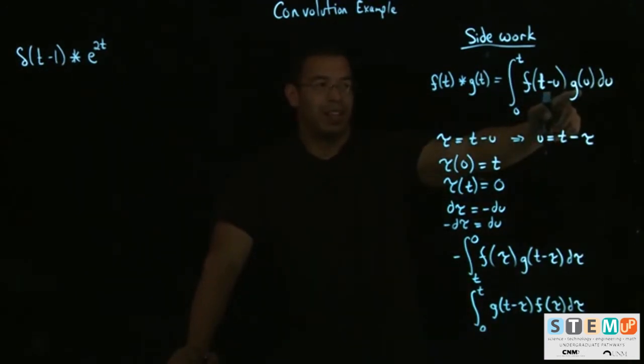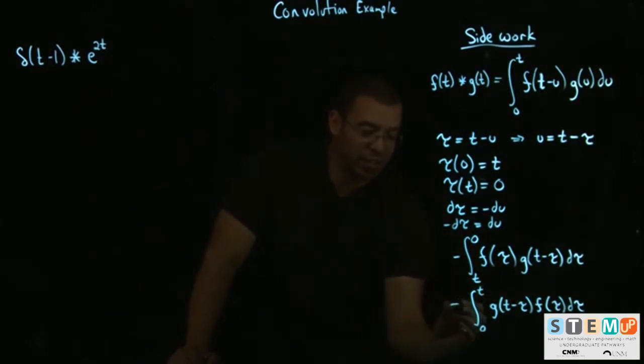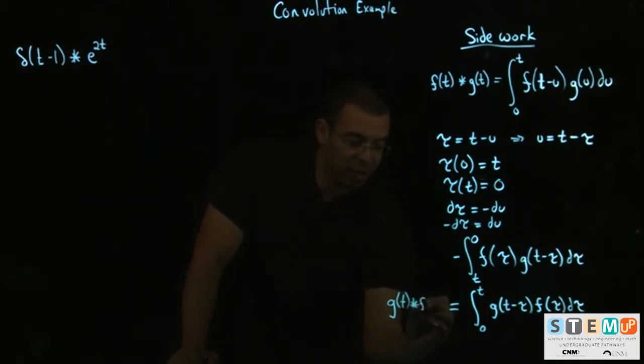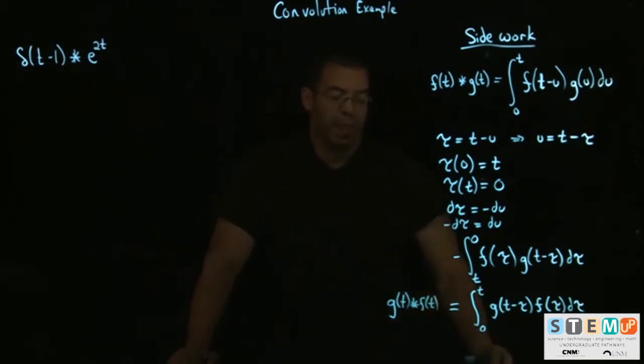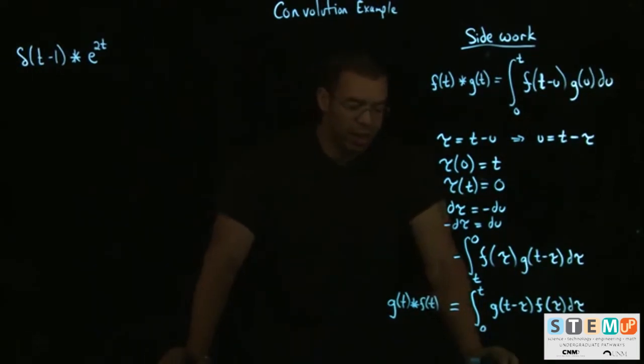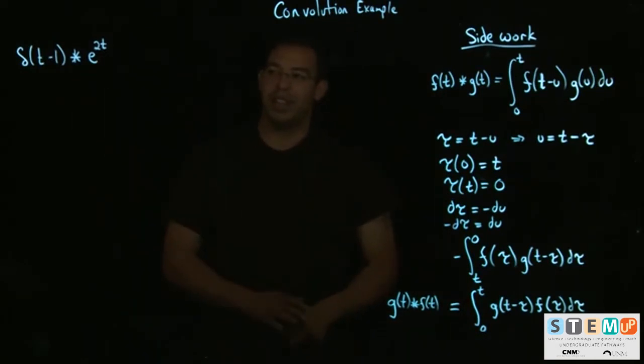Compare this to this guy. And so this is exactly the same as g of t convoluted with f of t. So we know that convolution is commutative, right? So that's almost all we need to solve this.